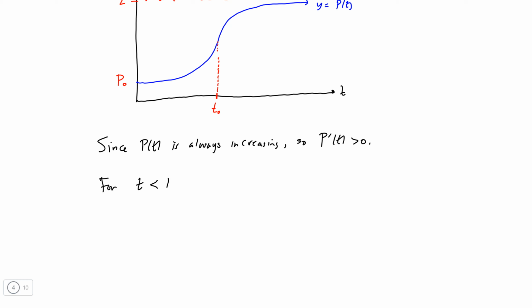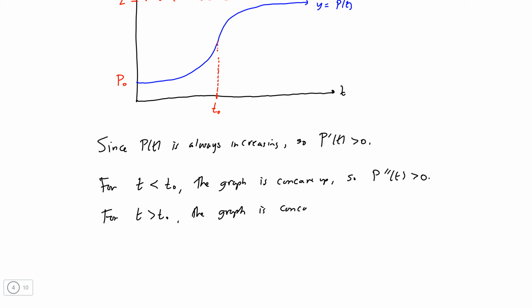So for t less than t0, the graph is concave up, so the second derivative is positive. And for t bigger than t0, the graph is concave down, so P double prime of t is less than 0.